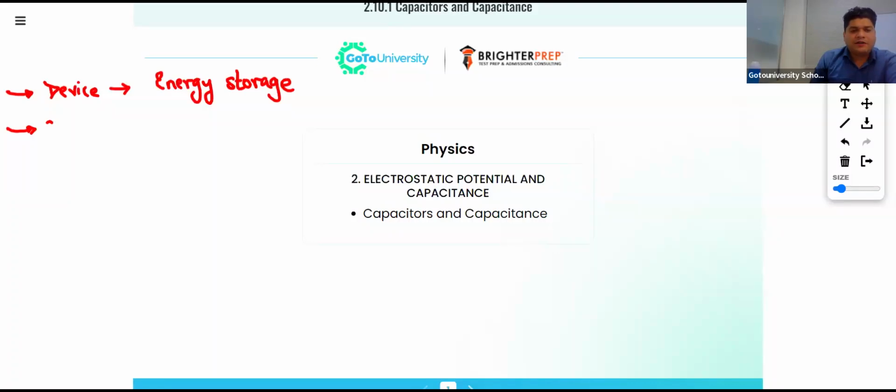It stores energy. Energy will be stored in the form of what? It will be stored in the form of charge. And from where are we getting charge? Charge we are getting from the electric field. So electric field gives energy.